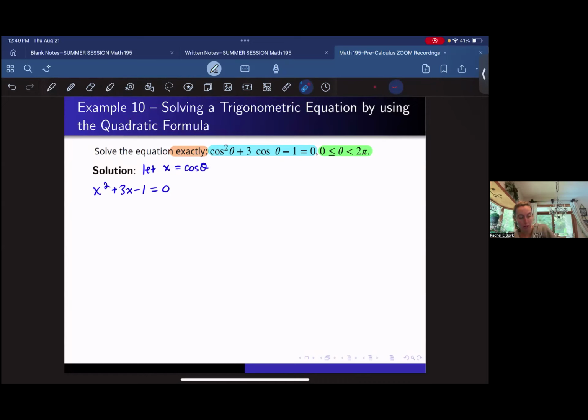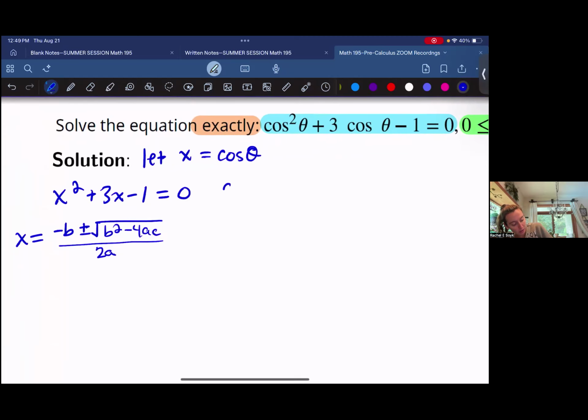We have to jump straight into our quadratic formula, which is x equals negative b plus or minus the square root of b squared minus 4ac, all over 2a, where our a value is equal to 1, the coefficient of our x squared. Our b value is positive 3, and our c value is negative 1.